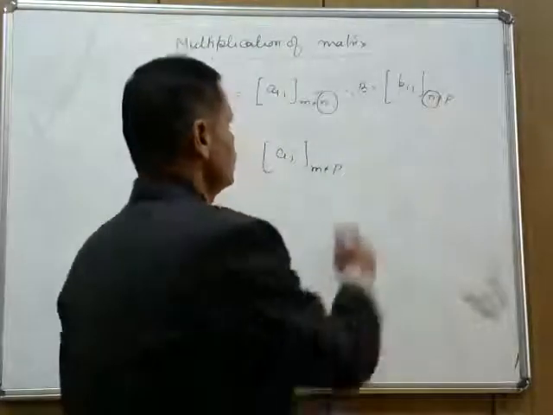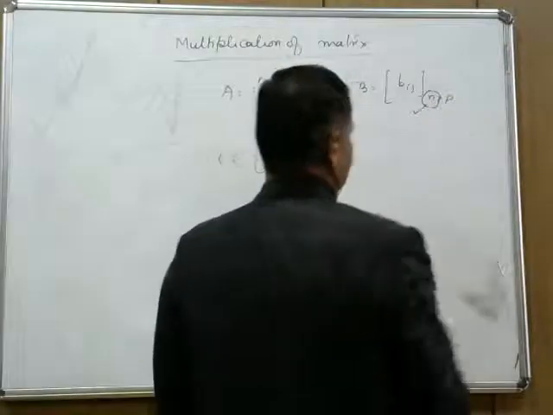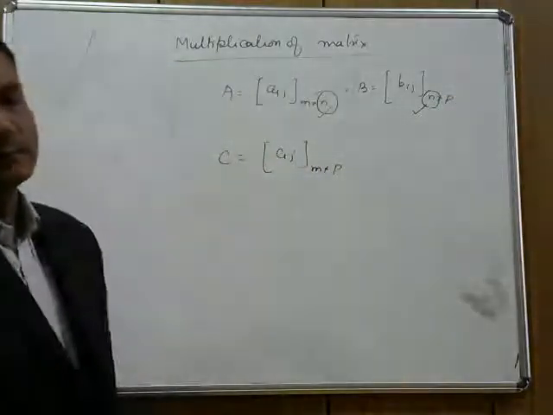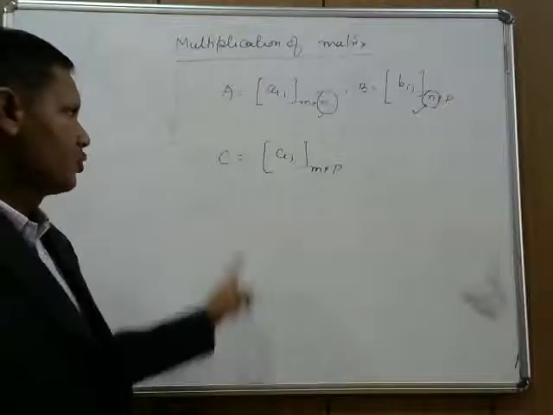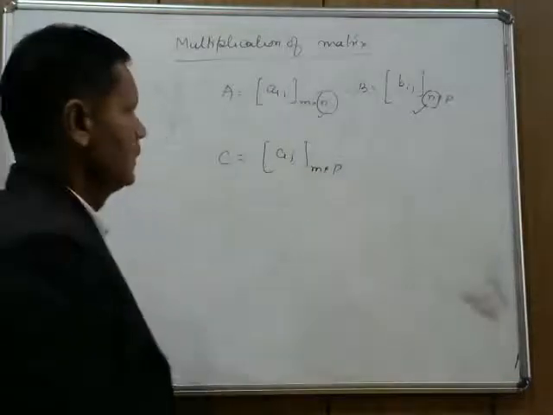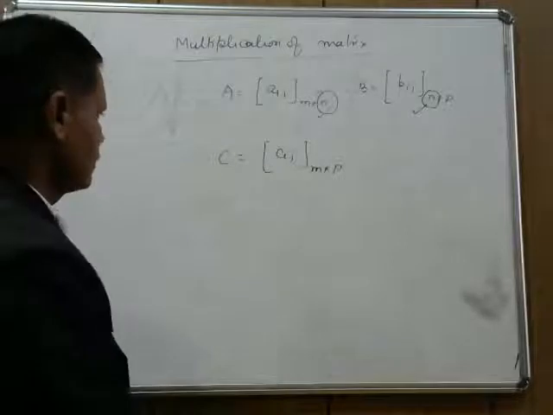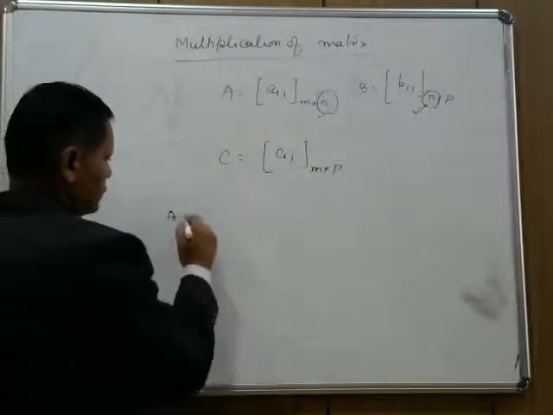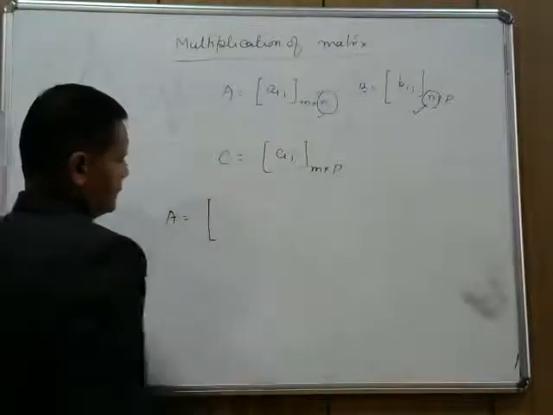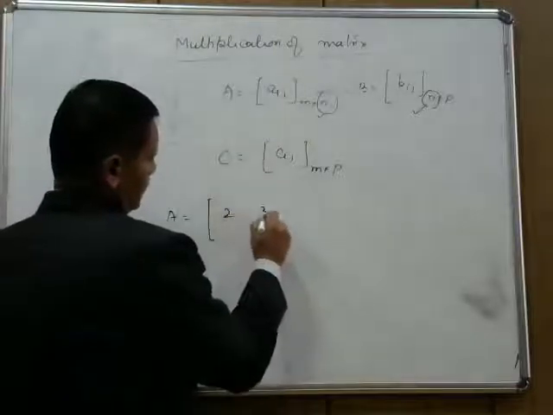That means these two should be the same, right? And it's denoted by Cij. How to multiply it, that I will tell you. Now suppose I write here A is equal to 2, 3, 4.